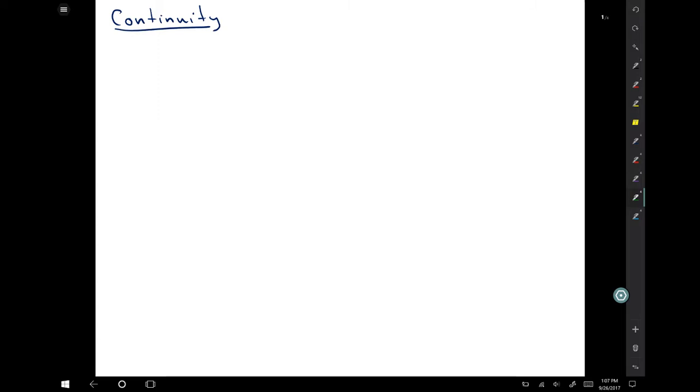So the idea behind continuity is that a function is continuous if you can draw its graph without picking up your pencil.